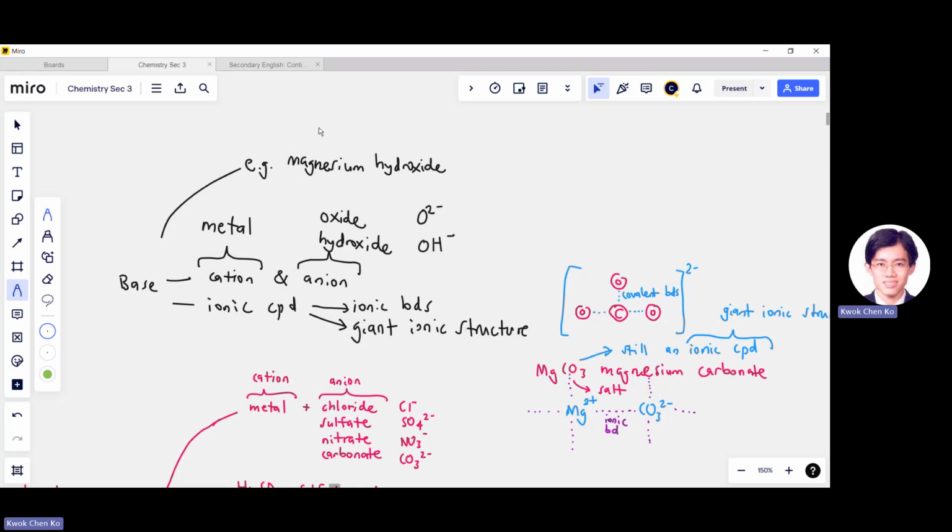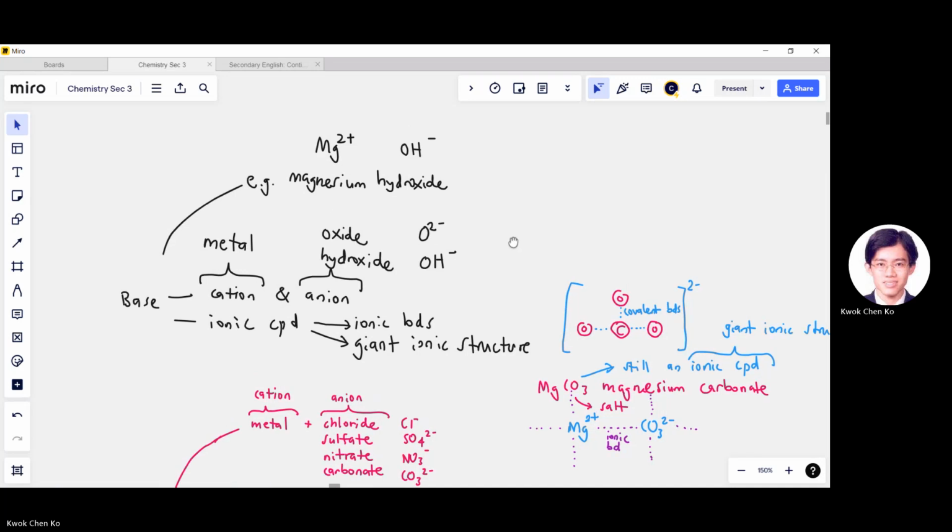Magnesium's formula is Mg2 plus. Hydroxide, I gave you earlier, OH minus. Dylan, what is the overall formula of magnesium hydroxide? Uh-huh, 2 plus.